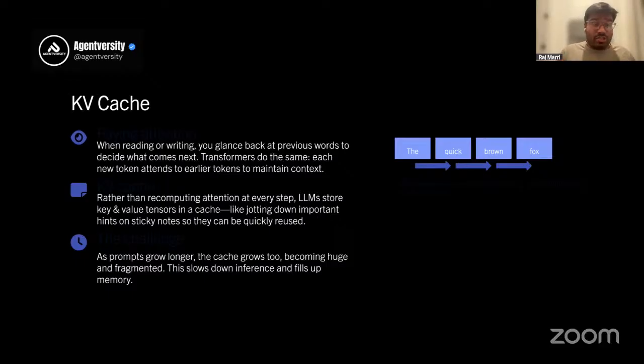So KV cache management is a huge problem. As your input grows, the KV cache grows, and as the KV cache grows, the backend where the LLMs are running would require huge GPU memory. So how do we manage that?